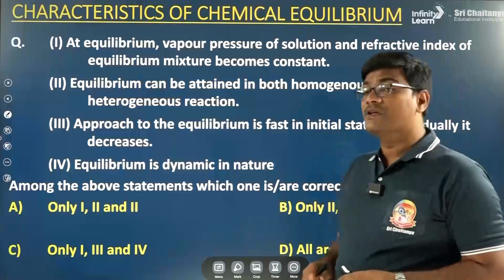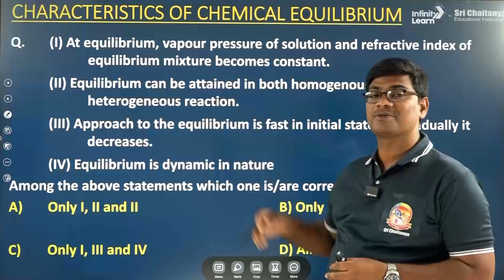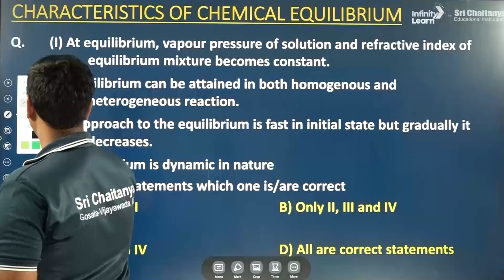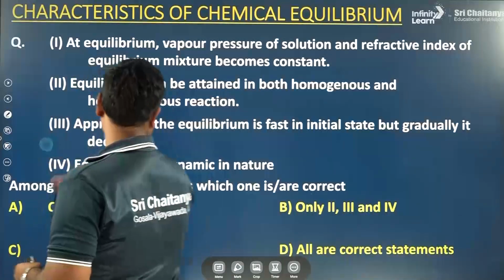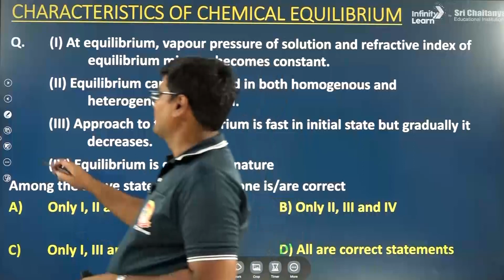And equilibrium is dynamic in nature, a well-known statement for us. So it seems that all options are correct. Yes, the actual answer is all options are correct, and the correct option is D. All are correct statements.